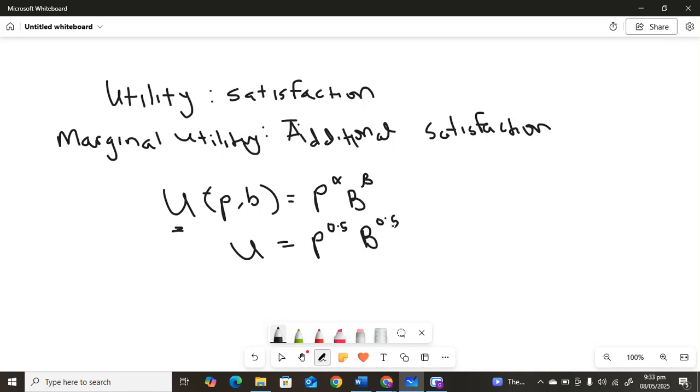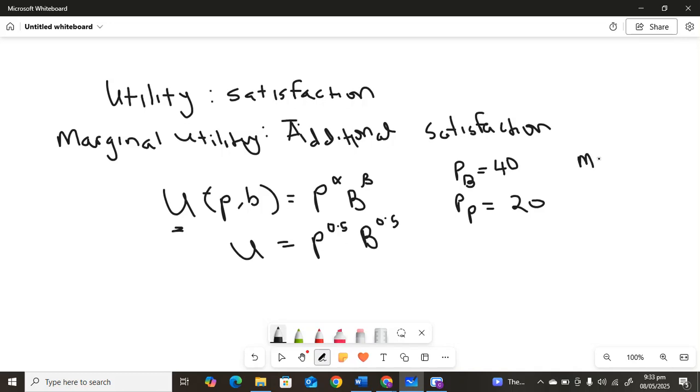Okay. And we're going to say the price of beef, PB, is going to be 40 kwacha, and PP, the price of pork, 20 kwacha. All right. And let's say this person has an income of 200 kwacha.